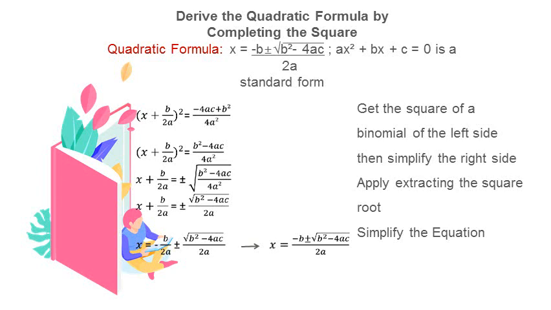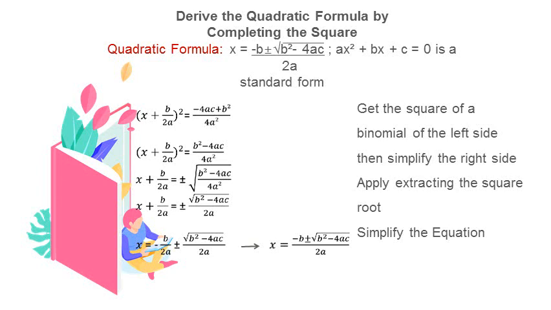So we have here the square of x plus b over 2a is equal to b square minus 4ac over 4a square. Become x plus b over 2a is equal to plus or minus the square root of b square minus 4ac over 4a square. Then simplify the equation. So we have x plus b over 2a is equal to plus or minus the square root of b square minus 4ac over 2a.